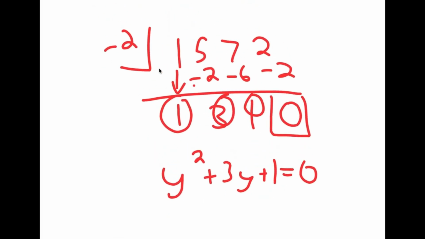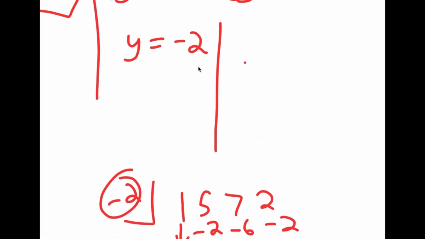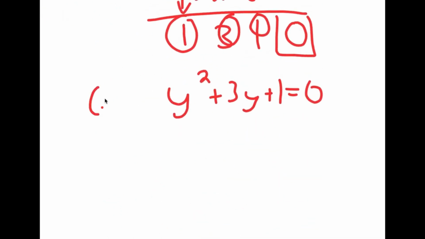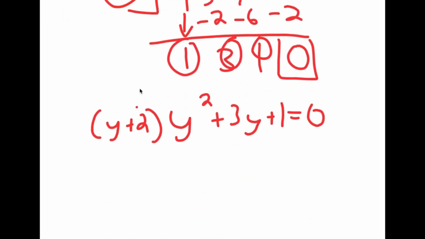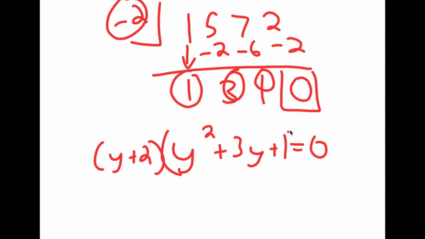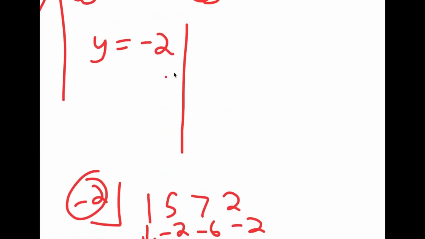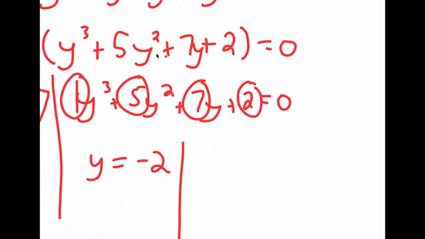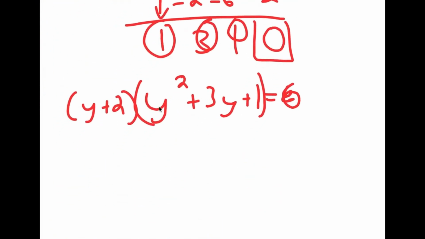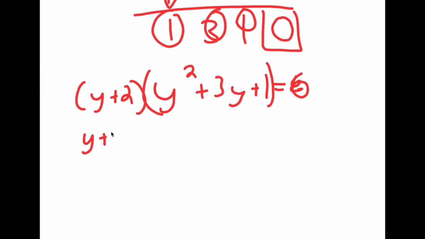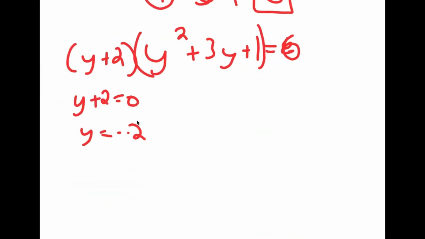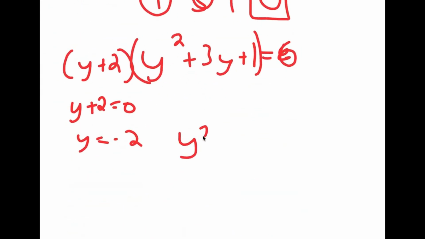So since we had -2 as y, that means we have (y plus 2) times (y squared plus 3y plus 1) is equal to y to the power of 3 plus 5y squared plus 7y plus 2. And we already know that y plus 2, if this is equal to 0, then y equals -2. We already got that. So now all that's left is y squared plus 3y plus 1 is equal to 0.